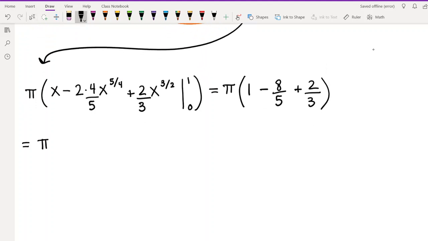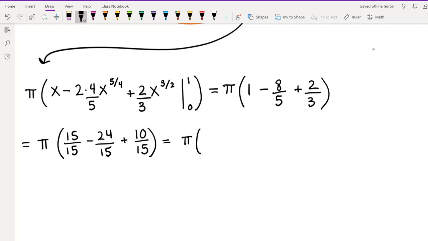Almost done here, so let's make a common denominator. We have 15/15 minus 24/15 plus 10/15. This simplifies to pi times 1/15, which can also be written as pi/15.